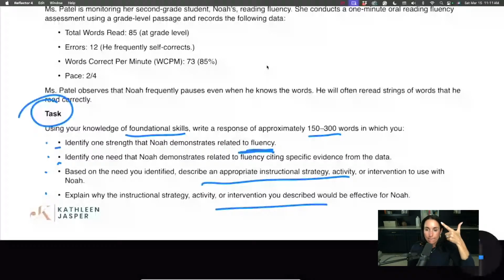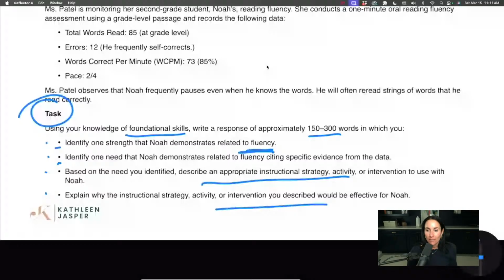Repeated reading, modeling prosody, phrase cued reading, whatever it is that you've got. I like repeated reading. For fluency, I think repeated reading, read it again, read it again, read it again is the best thing. And I only have to do one instructional strategy. So do repeated reading if you're good with that and you know how to explain it. Or let's say you flake and you're like, oh my God, I don't know.